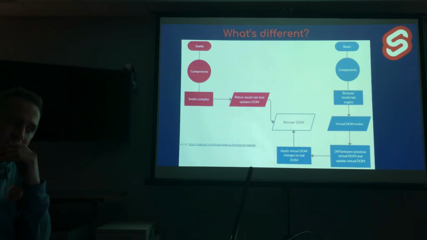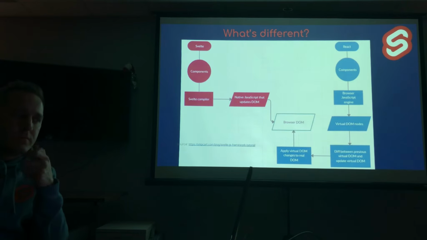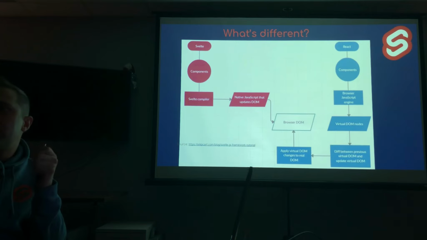But maybe two of those were already the correct color, right? So there's no reason to go into the DOM and change the color of the second two, because only the first one changed. So what the virtual DOM is trying to do is a shortcut and say, you know what, I'm not gonna go bug the browser and ask it to reapply these changes, because the DOM's already in that state, okay?